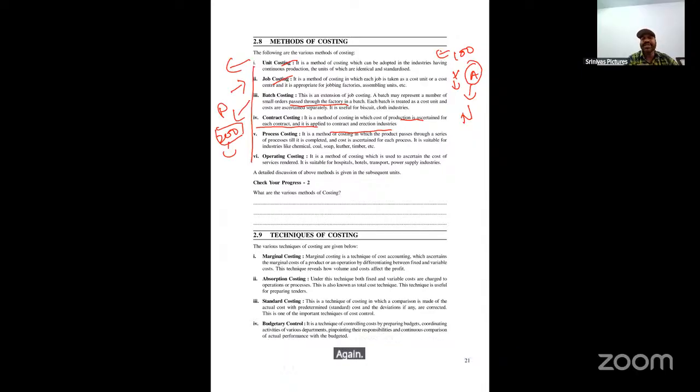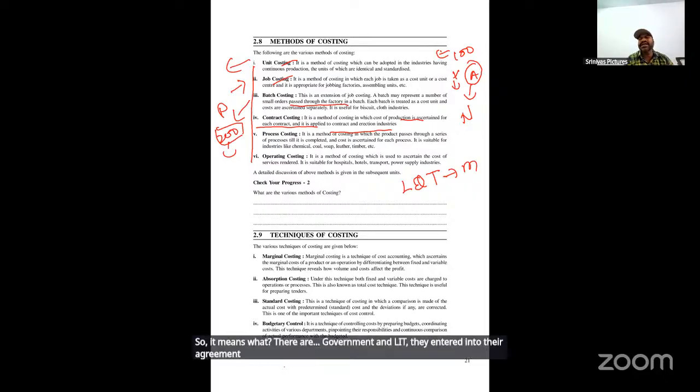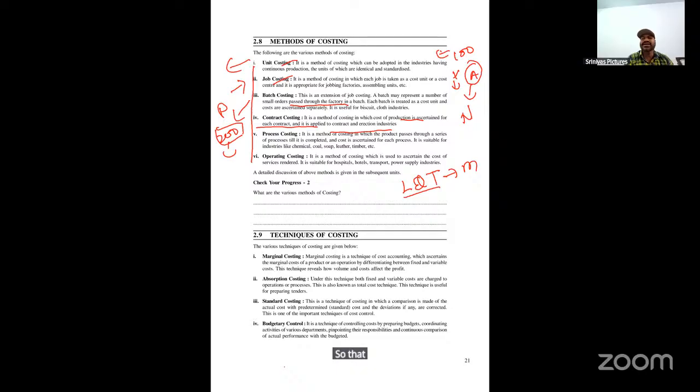Again, we have separate chapters for them, and at that time I will explain again. For example, L and T is a company, and the government gave the metro project to L and T. The government and L and T entered into an agreement to complete that contract. That is called contract costing.